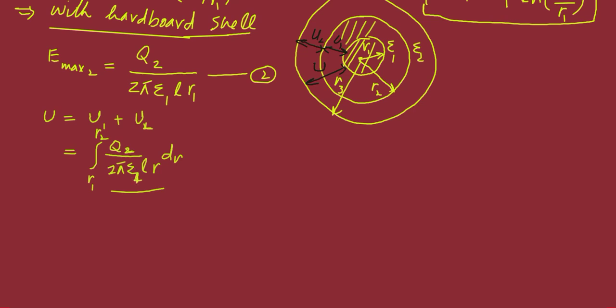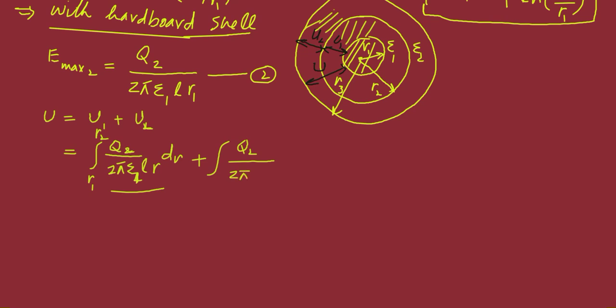This is epsilon 1 L R dr plus, now we need to find the voltage across the insulation layer 2. For that, we need to put again Q2, because total charge for both layers is the same, divided by 2 pi.